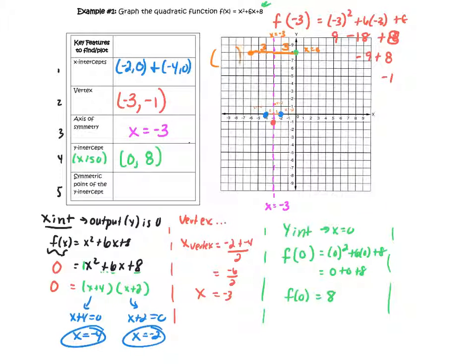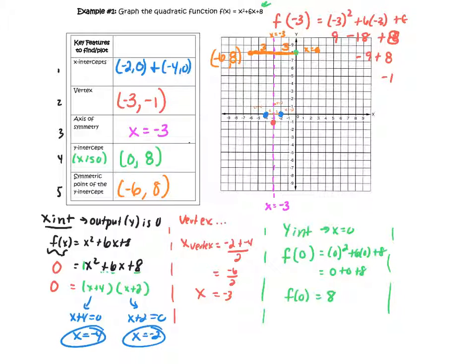Now what we know is we started at the x value of 0, right here. We added 3, so this x value is negative 3. We went another 3, so that x value must be negative 6. And we know that partner points have the same y value because we didn't go up or down at all. So if the y-intercept was at 8, just moving left and right, my y value is still at 8.